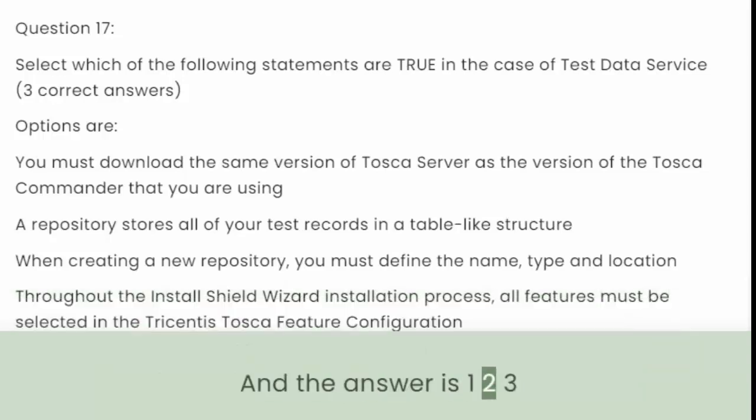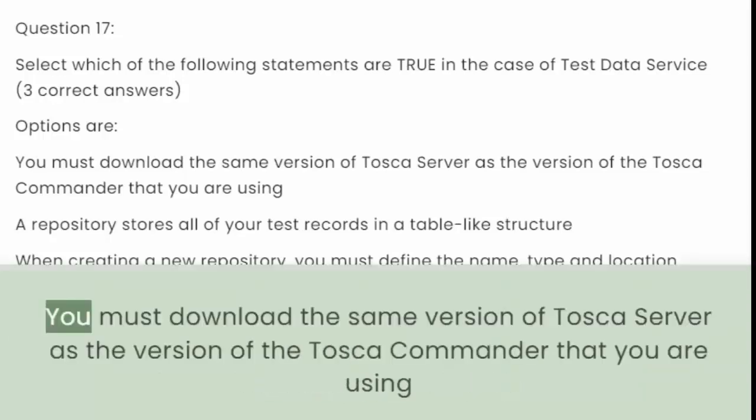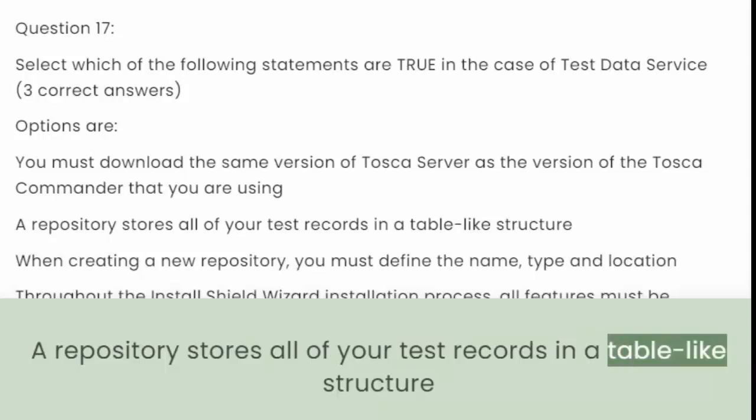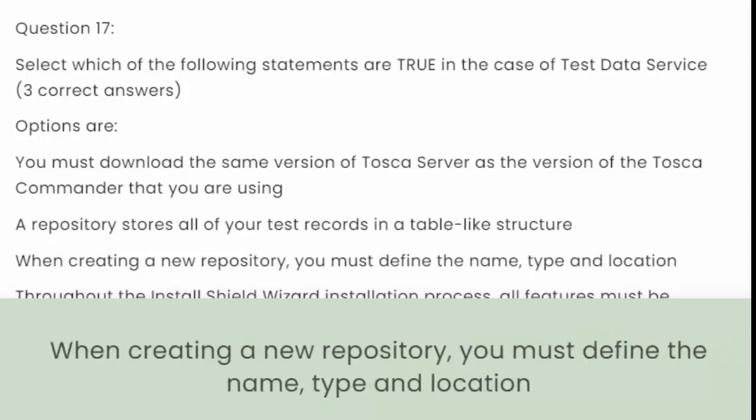And the answer is 1, 2, 3. You must download the same version of Tosca server as the version of the Tosca commander that you are using. A repository stores all of your test records in a table-like structure. When creating a new repository, you must define the name, type and location.